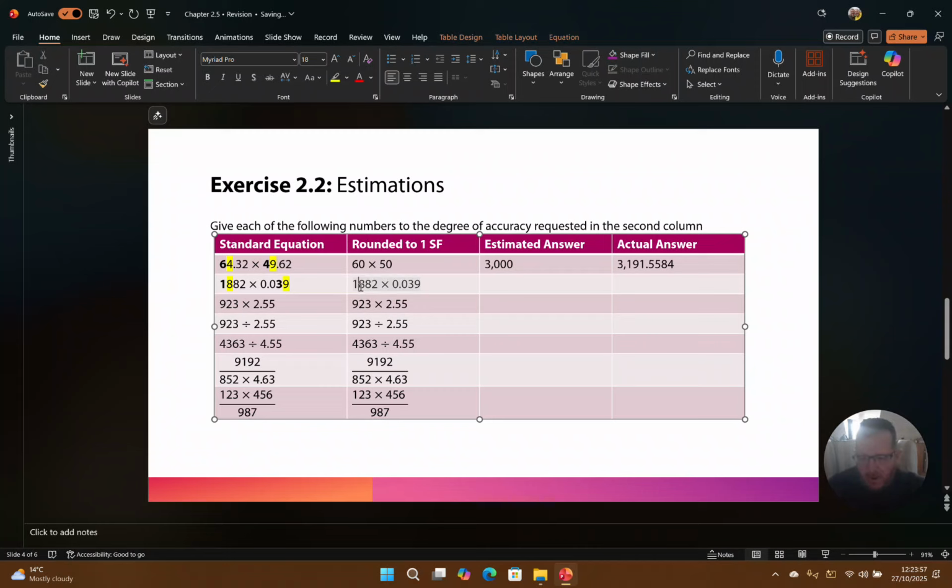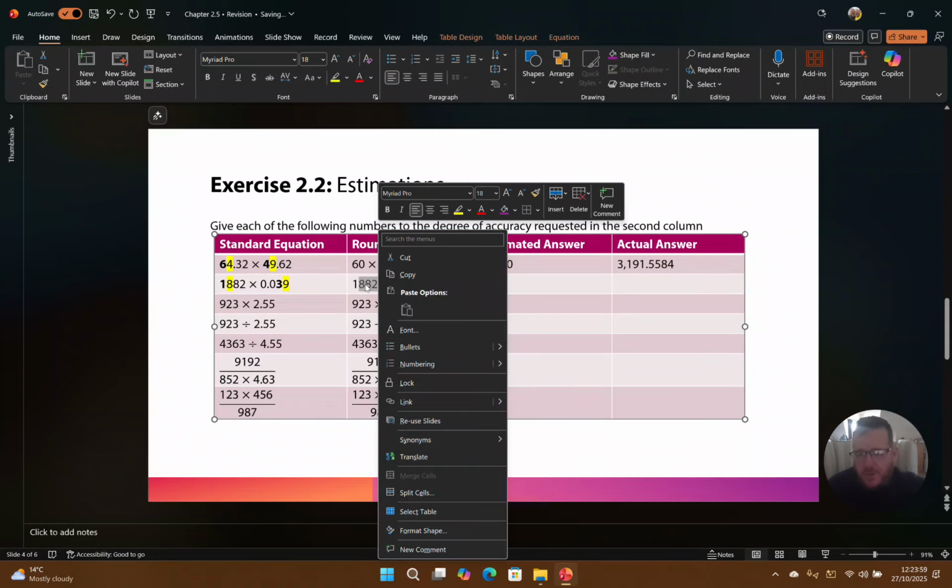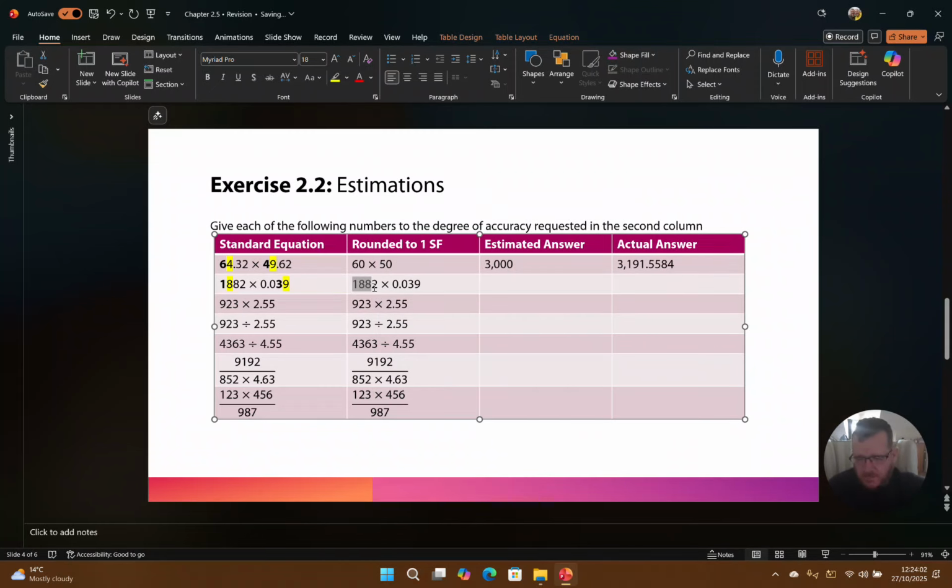So we have 2,000 because we're rounding to 1 significant figure, not 2, times 0.04, because that 9 is greater than 5. So essentially we are working out 4% of 2,000, which in this case is going to be not 50, it's going to be 80.